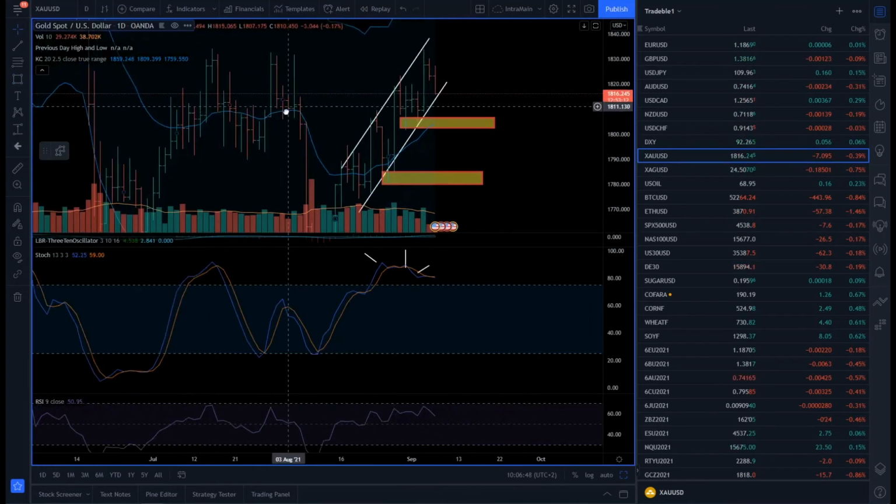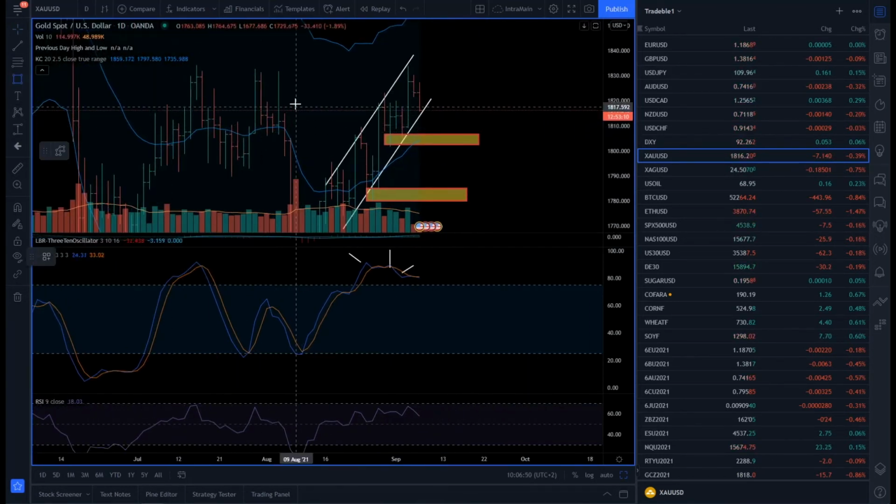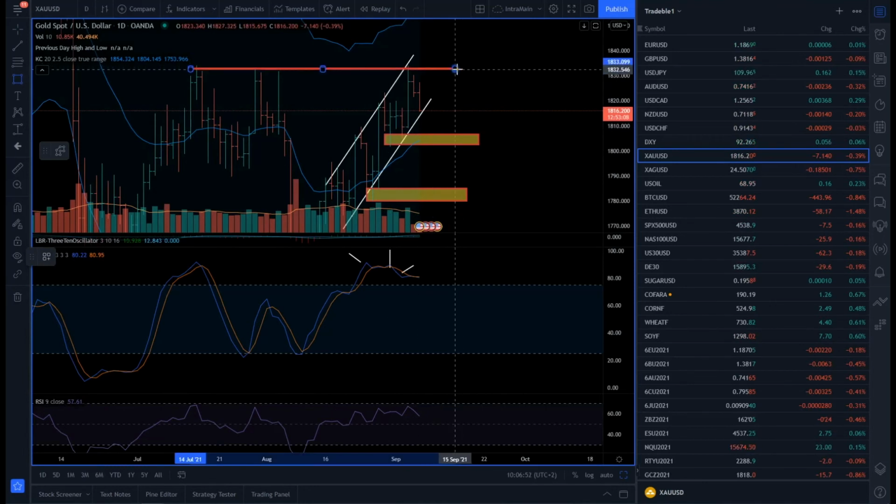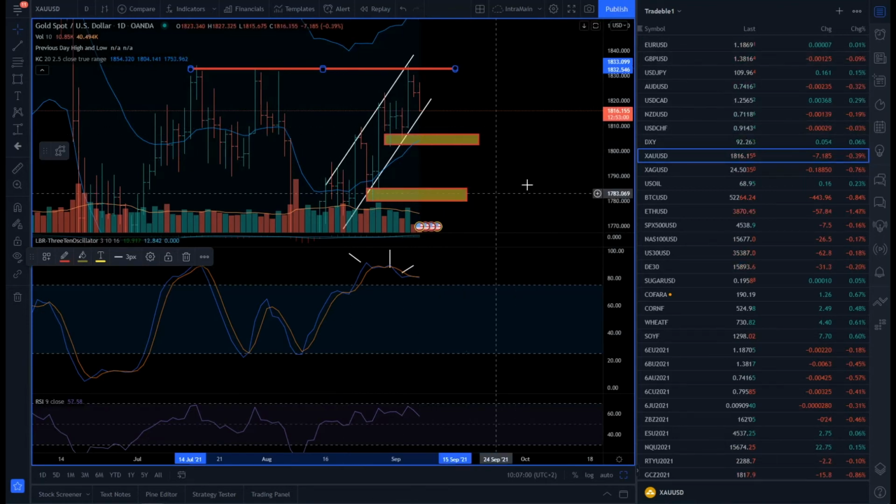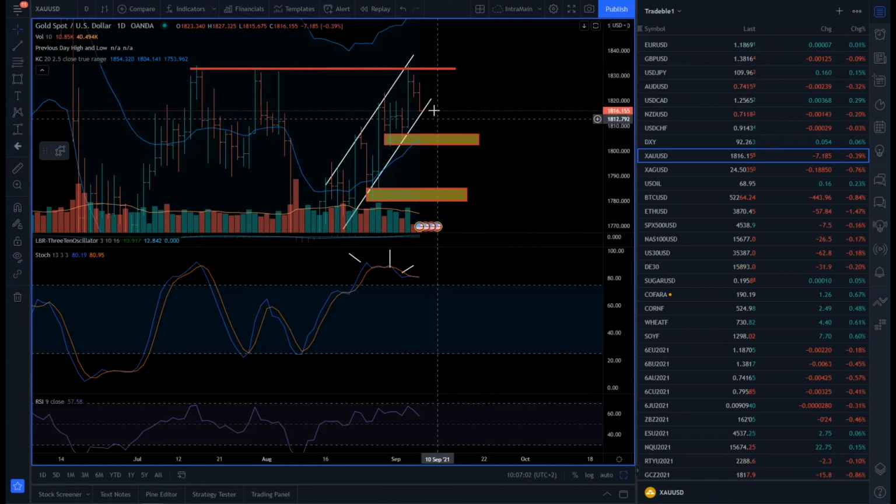Don't forget that gold is also in the post-climax effect, and that we are potentially absorbing the climax from Friday. Same thing with the euro, and same thing with most of the markets, which got a post-climax effect. So definitely watch for a downside, and then I guess 1830, 1834 are potential stops for this type of idea, right?